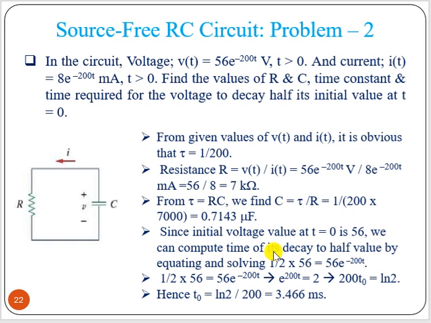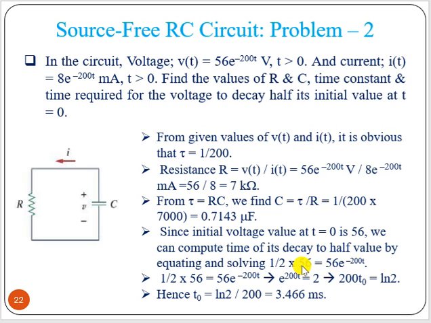Now we can compute the time of decay to half value. That means half of 56, that is 28, equal to this.